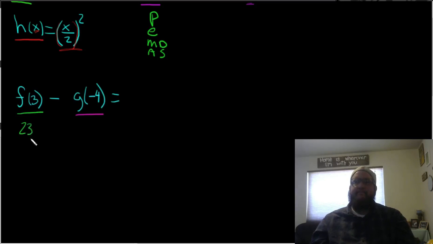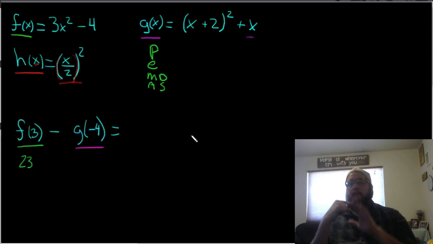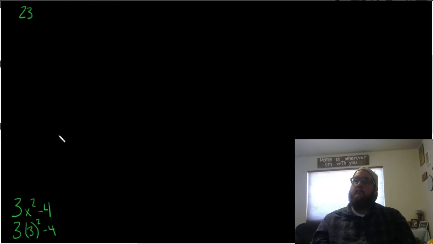Now we'll look at g of negative 4. Well, g is this function right here, x plus 2 quantity squared plus x. Let me write that a little bit clearer. We'll erase that and rewrite it.